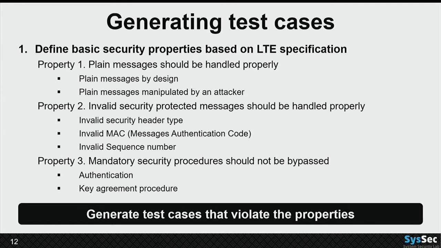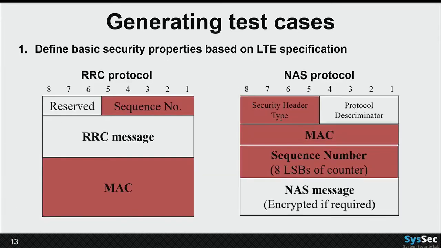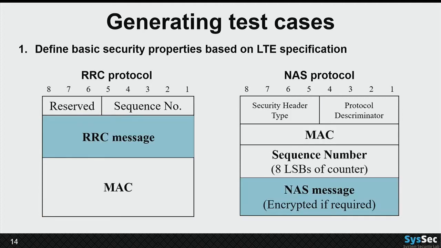For example, in property 2, invalid security protected messages should be handled properly in the receiving entity. In this case, we can insert invalid values in the sequence number, security header type, message authentication code, and so on. And for the other remaining fields, we randomly mutate those fields.